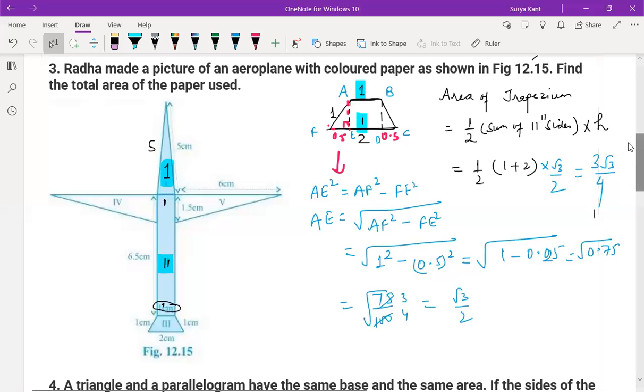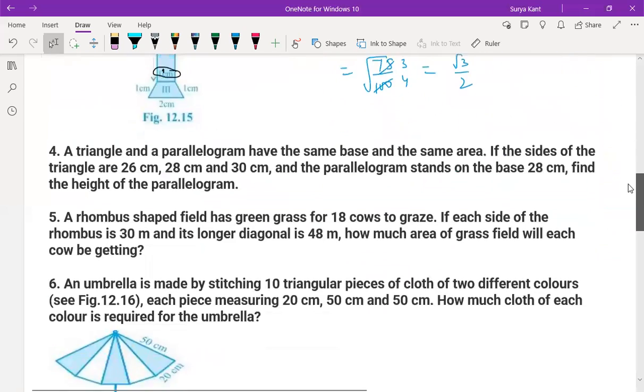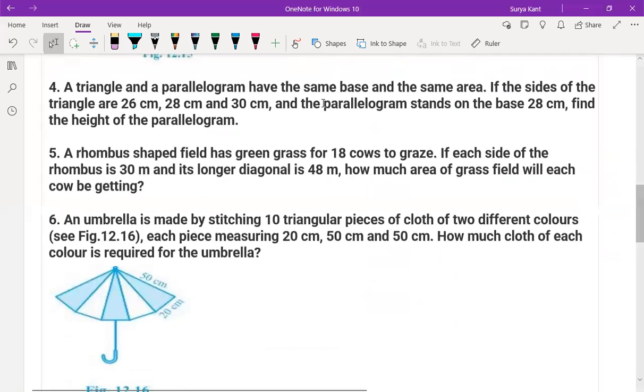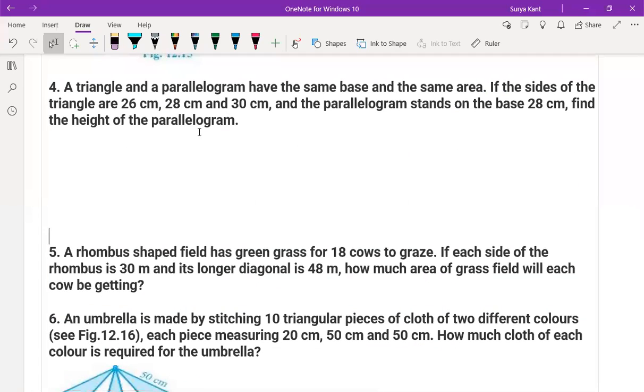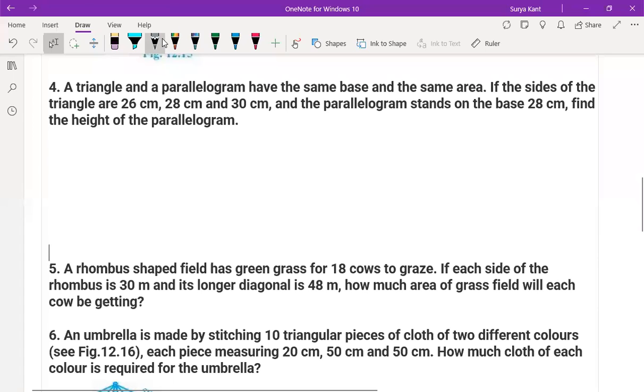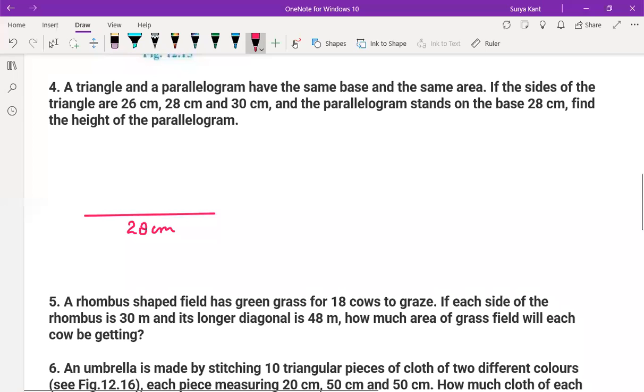So next, part of the fourth one. All of you just draw the diagram at least. Base is 20 centimeter. Here we are having a triangle as well as a parallelogram.